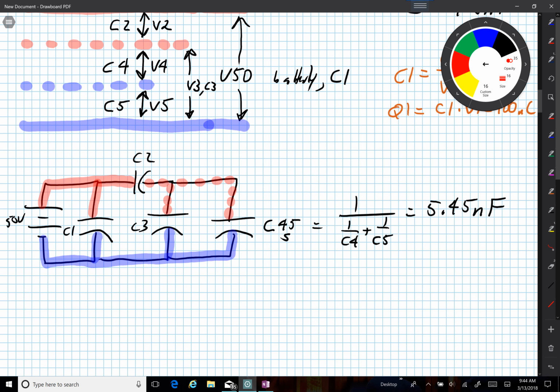Now I look at this equivalent diagram and I see that this dashed red solid blue combination across C3 is exactly the same as I have across this new capacitor that I just created. So those two are in parallel. C3 and C45S, they're in parallel.